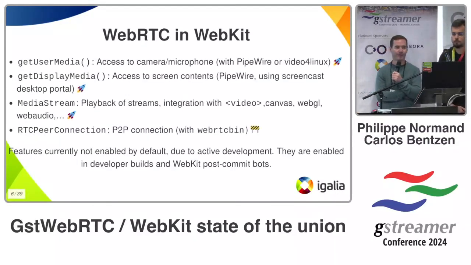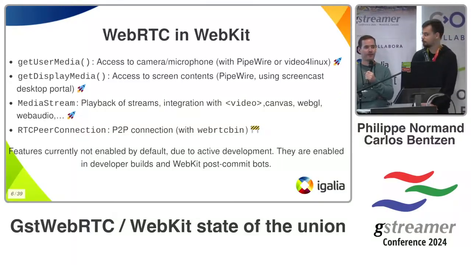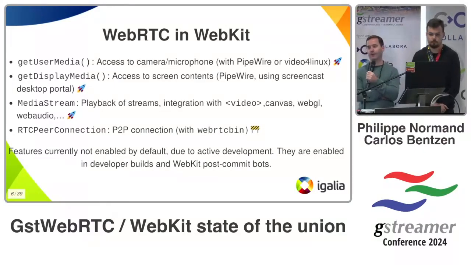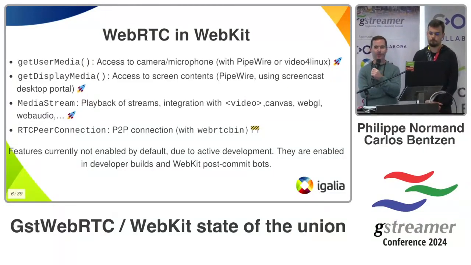So in WebKit, WebRTC is split in various specifications. First, you need to access some device, like a capture device, and that can be done with getUserMedia. And on the backend side, we use Pipewire or Video for Linux, depending on what's available on the device. Then if you want to do screen capture, you have to use getDisplayMedia, also using Pipewire on the desktop. On embedded, I don't think we do that.